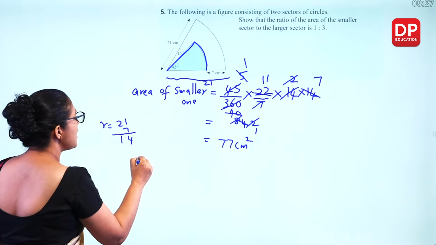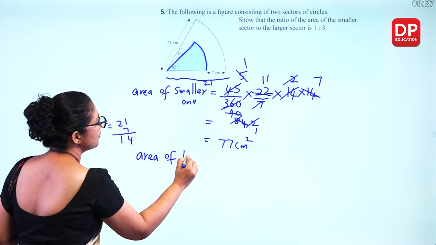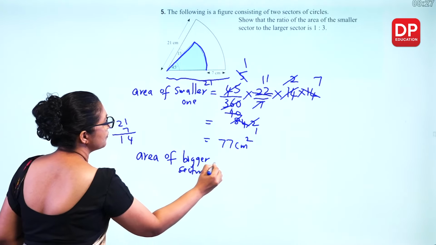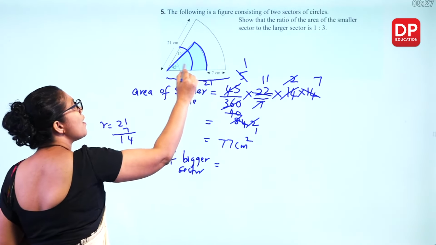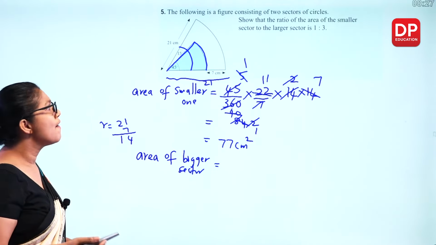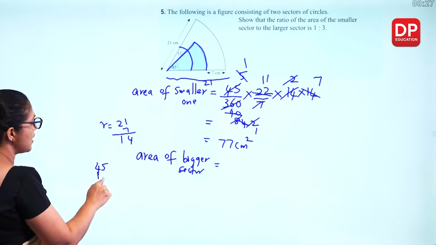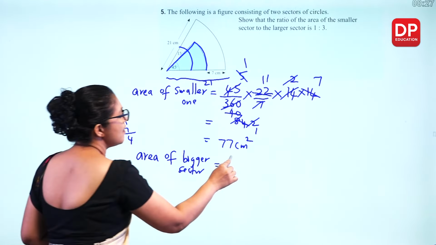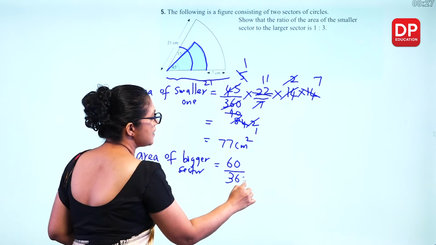Now we'll find out the area of the bigger sector. So what's the angle now? Angle for the bigger one is 45 plus 15. So what is 45 plus 15? You get 60 degrees. So the angle for the bigger sector is 60 divided by 360.